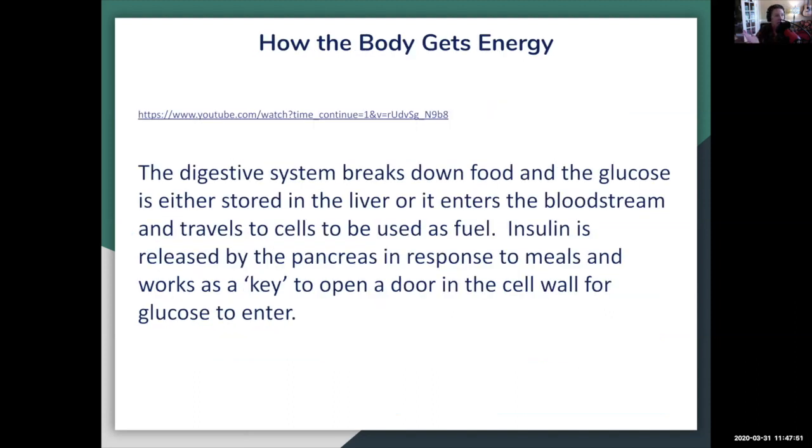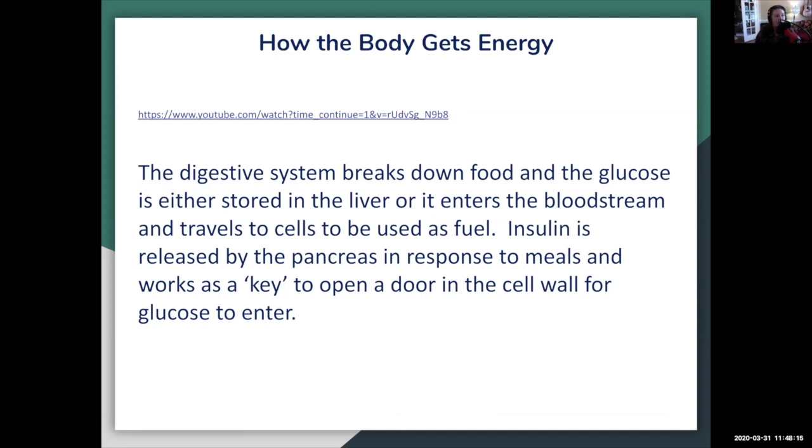Now, in order for everybody to really understand how all of this stuff matters, we need to talk about how the body gets and uses energy. So let's say you eat your sandwich and you chew it up, you swallow it. The saliva has enzymes in it that start the breakdown of the food. The stomach makes enzymes to break down food.